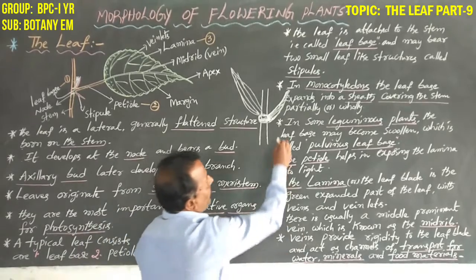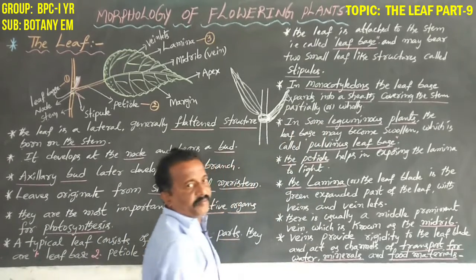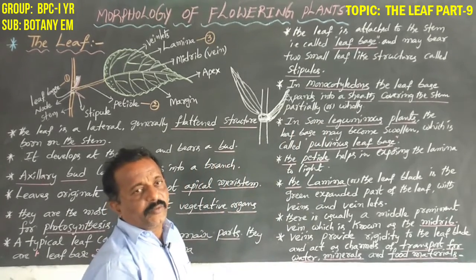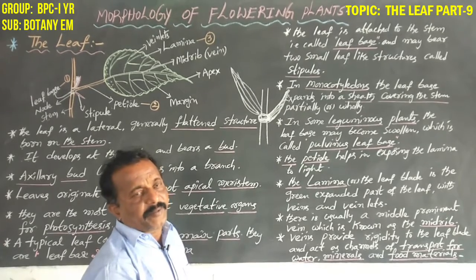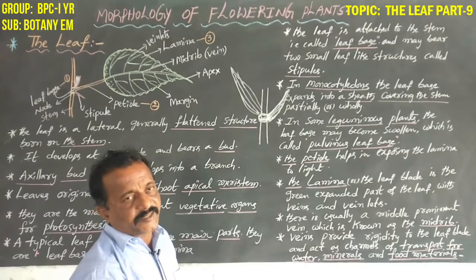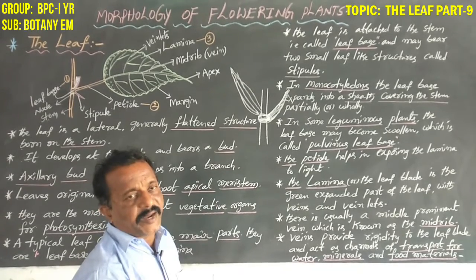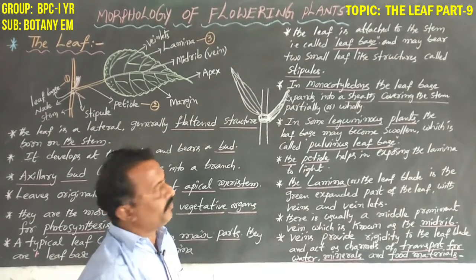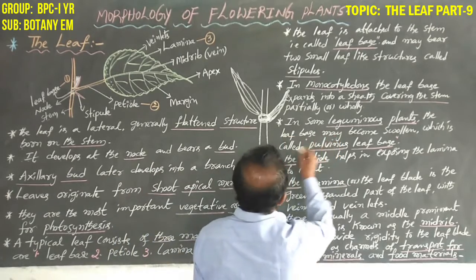But in some dicotyledon plants, especially the leguminous plants or Fabaceae family members, such as bean plants, nut plants, gram plants, the leaf base may become swollen.